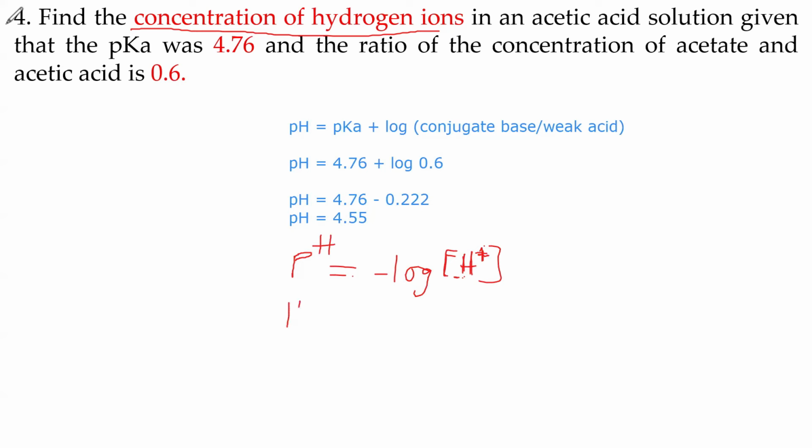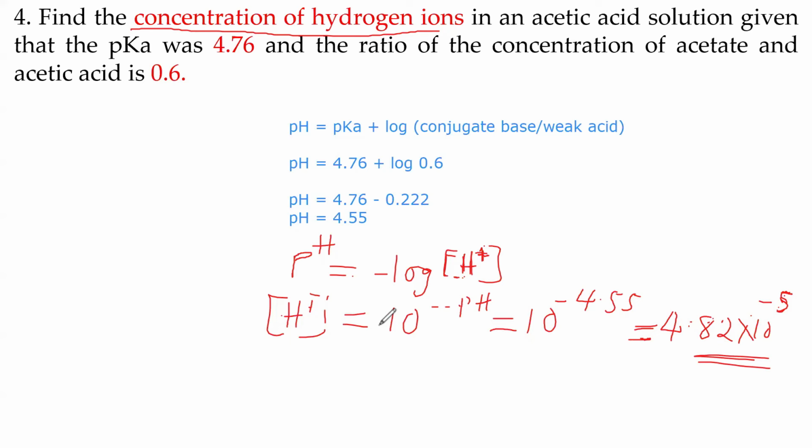So to get the hydrogen ion concentration, we use 10 raised to the power of minus pH.